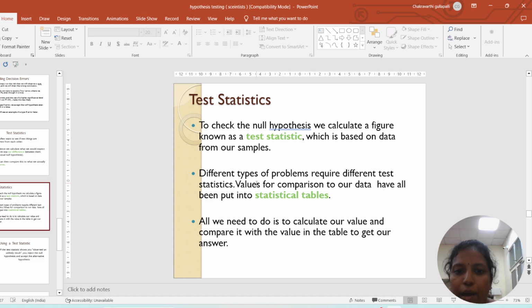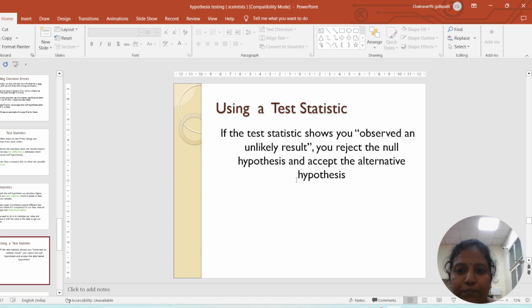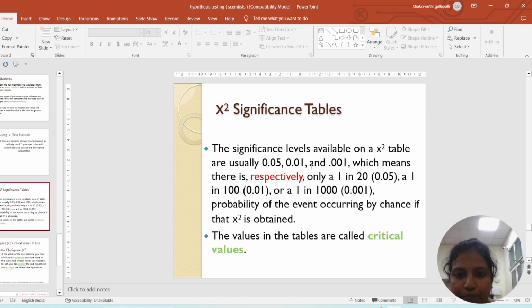The values for comparison to our data have all been put into statistical tables. So what we need to do is calculate our value and compare it with the value in the table to get the answer using test statistics. If you use the test statistics and observe an unlikely result, we reject the null hypothesis and accept the alternative hypothesis.